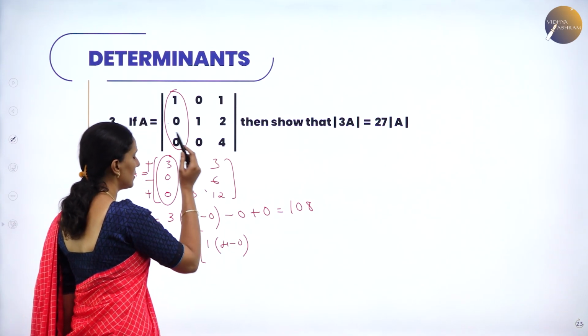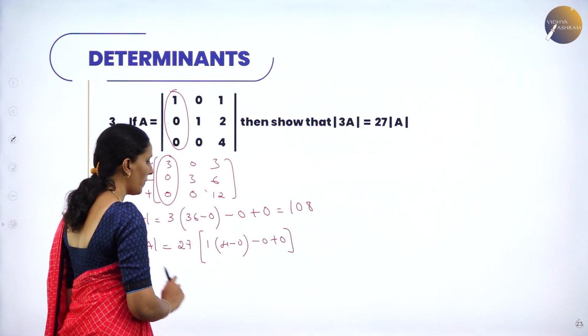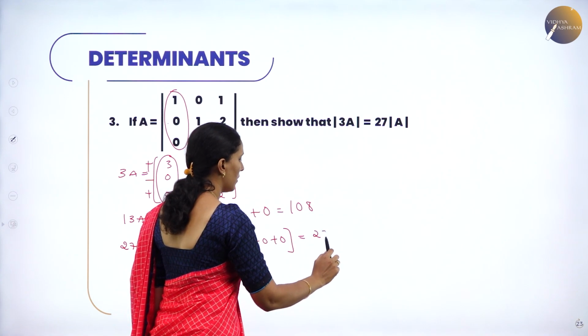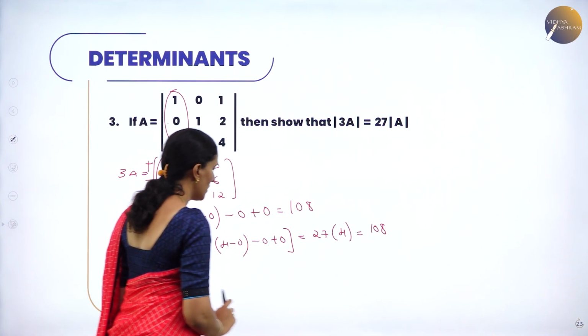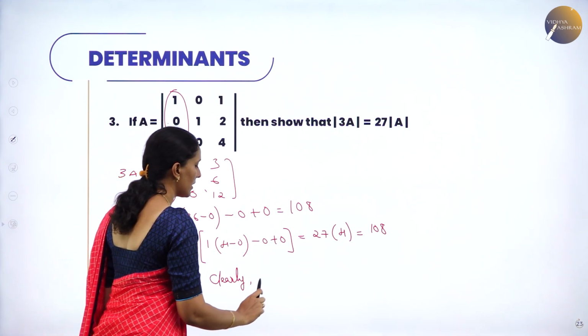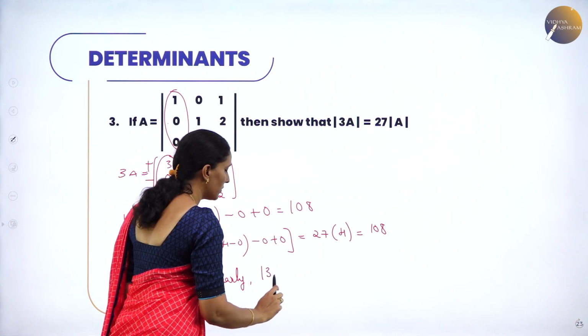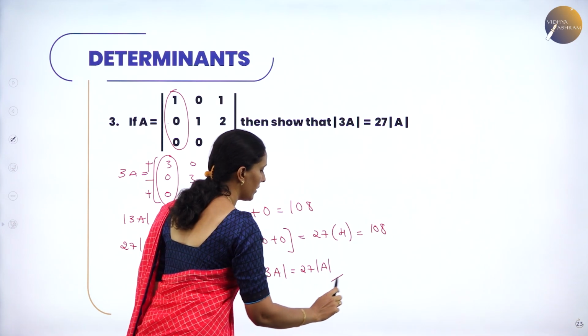Next we have minus 0 plus 0 there also. So here 27 into 4 we will get, which is also equal to 108. So clearly, I can see that determinant of 3 times A is equal to 27 times of determinant A.